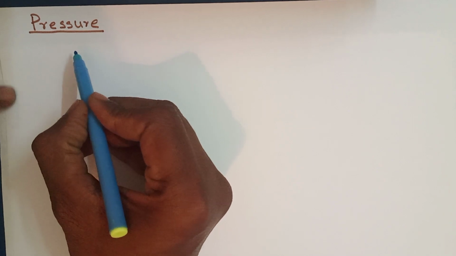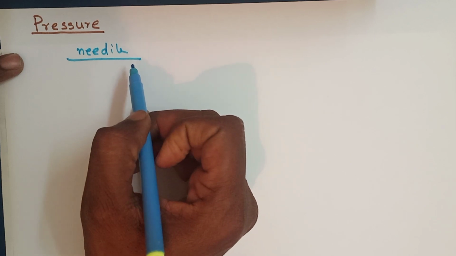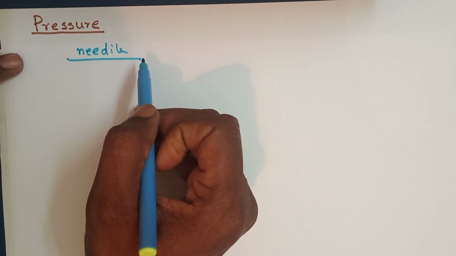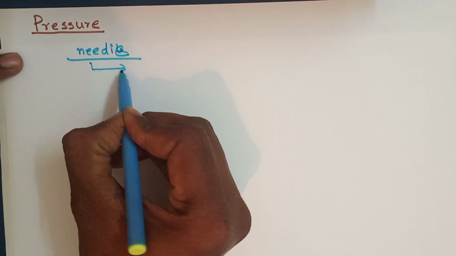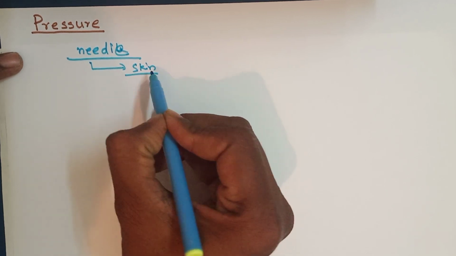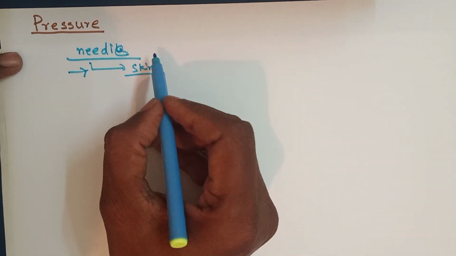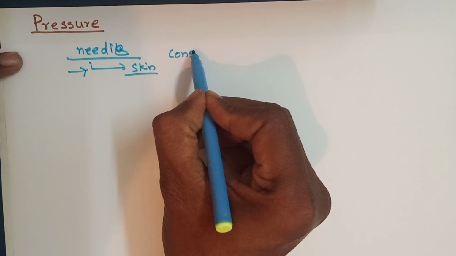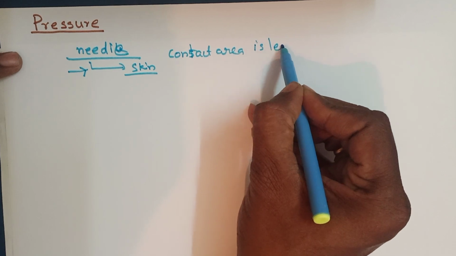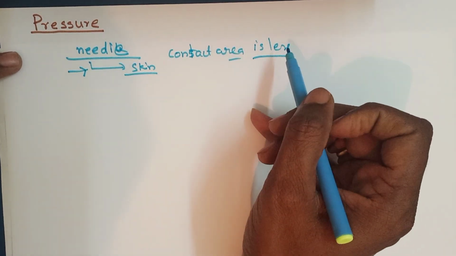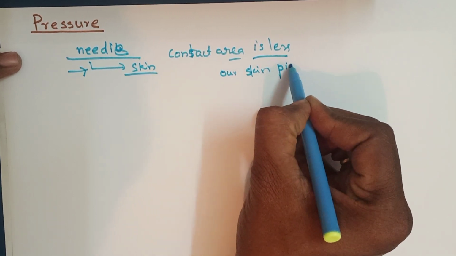When a small needle is pressed to our skin, only a small amount of force can be applied, but the contact area is very small. What happens? Our skin pierces.